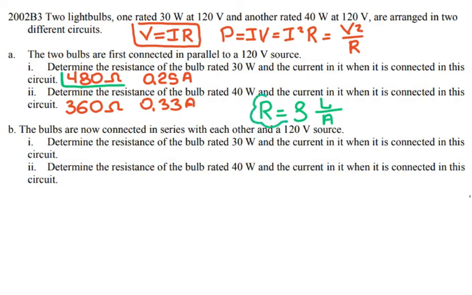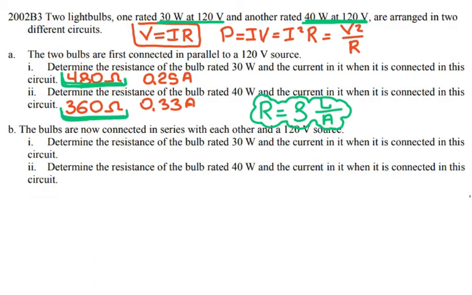So you see that the resistance depends on the structure of the resistor and the resistivity of the material. And since we already know the resistance of each bulb from the beginning of the problem, where they say 30 watt 120 volt and 40 watt 120 volt, that means if you connect each bulb directly to the battery, you get these resistances, 480 and 360.